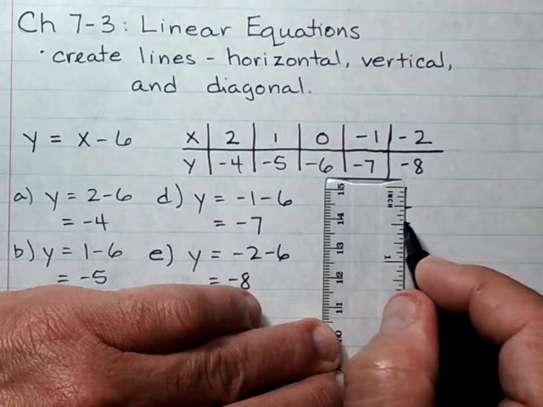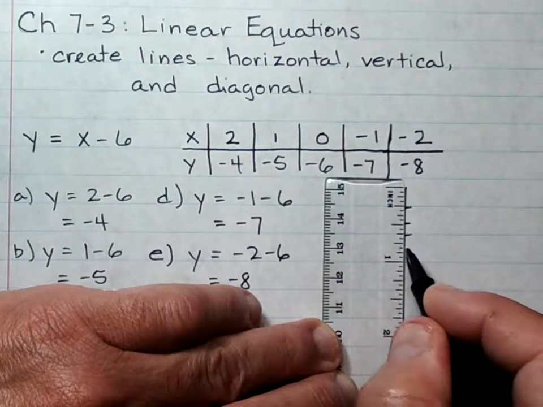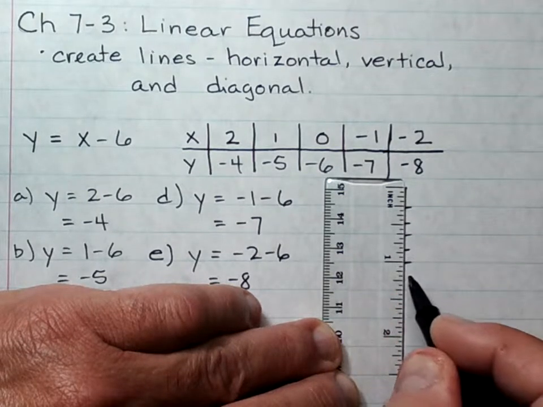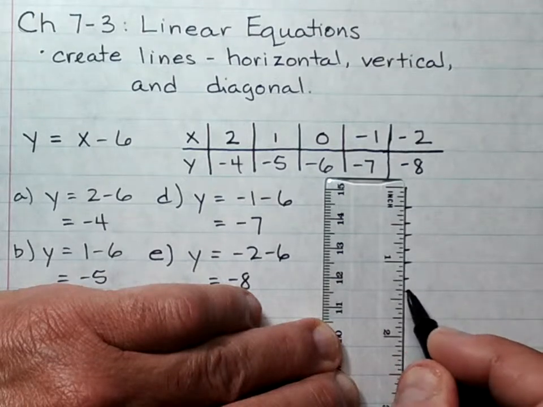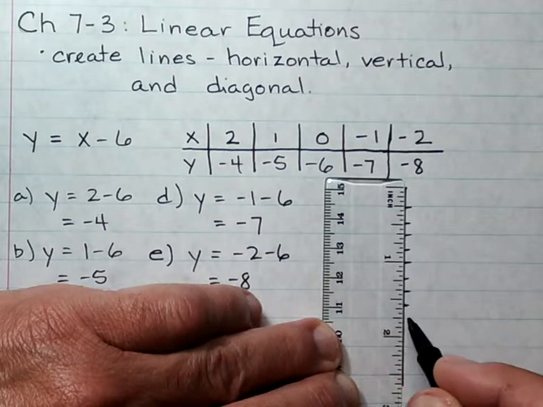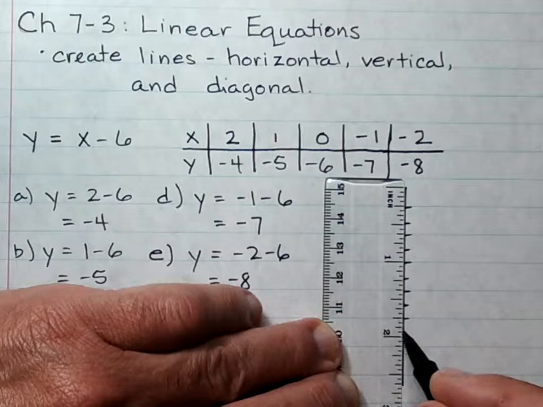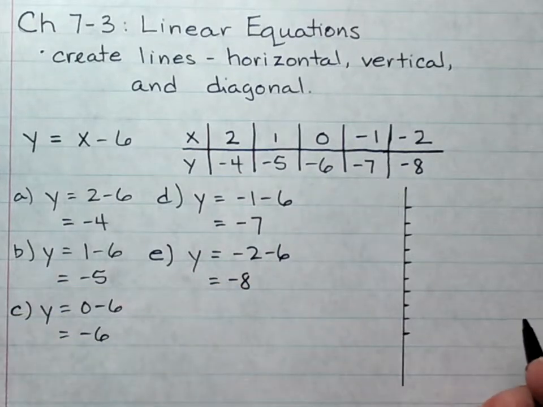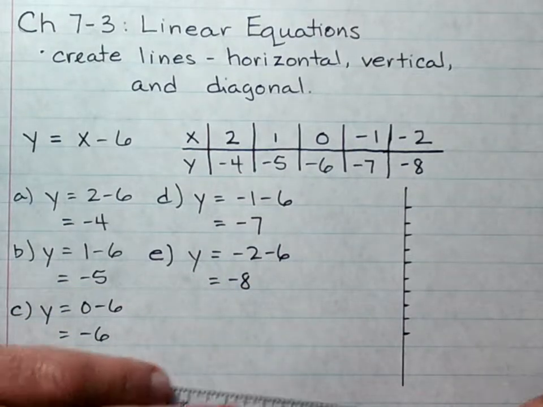So this will be negative 1, negative 2, negative 3, negative 4, negative 5, negative 6, negative 7, negative 8, negative 9. So I'm a little too far, but that's okay.